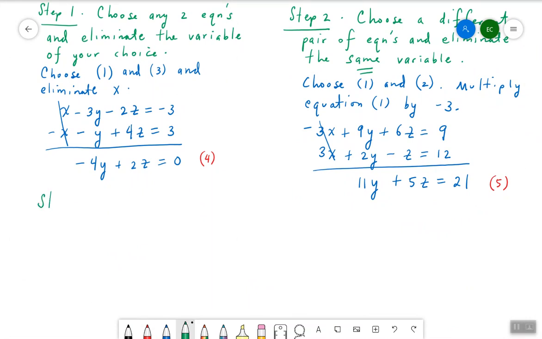Maybe it makes sense in step 3 to solve the 2x2 system from equation 4 and 5.